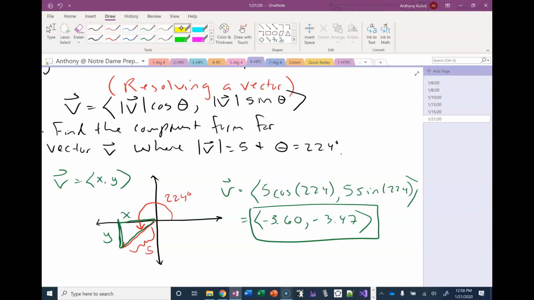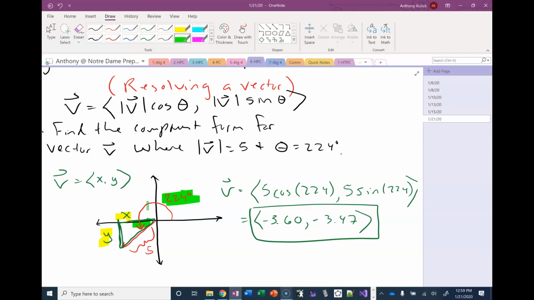Notice here I didn't have to worry about the fact that these x and y's were located in the third quadrant and have to mess with the signs anywhere. Why didn't I have to worry about that? It's because I used the 224-degree angle as opposed to the size of that angle inside of my triangle.